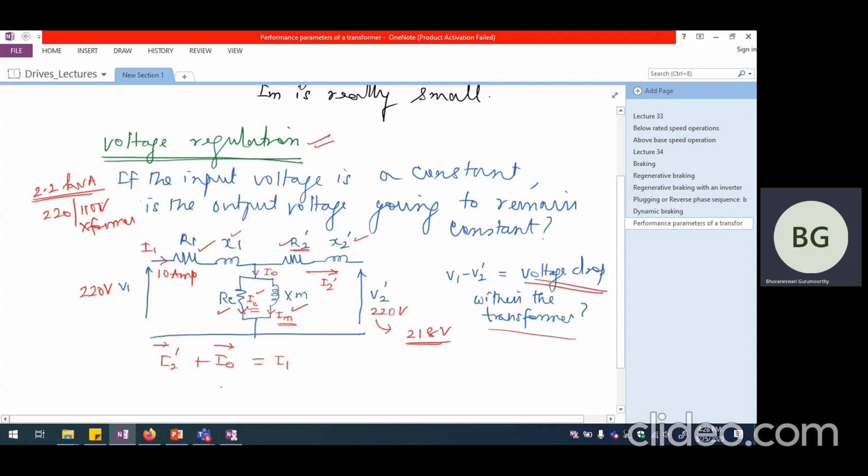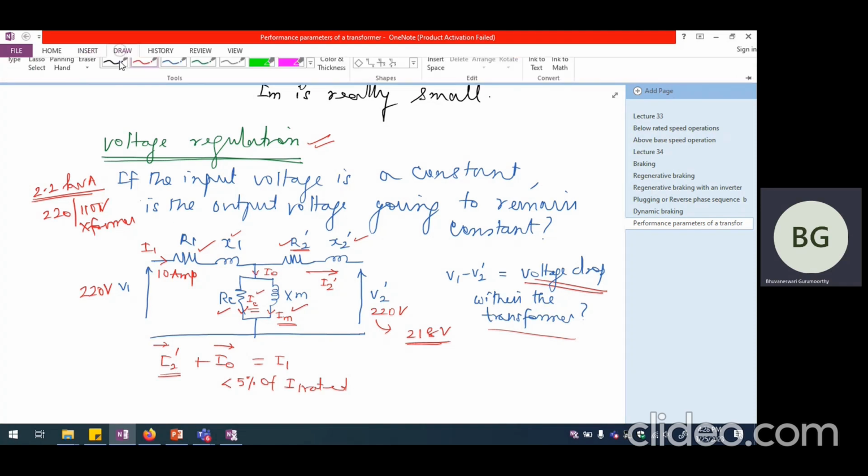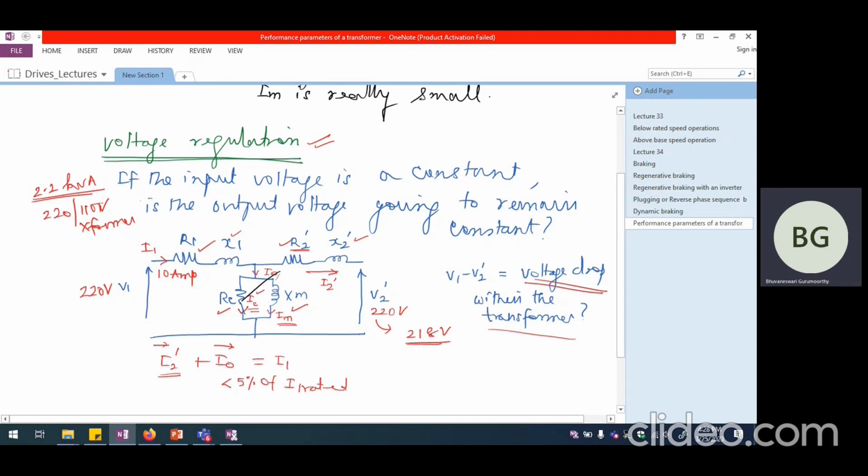And I naught is generally less than 5% of the rated current, that is I1 rated. So we can say 95% or even more makes up for I2 dash. And that is the reason why we can afford to neglect this parallel component or the current that is flowing through this RC and XM.